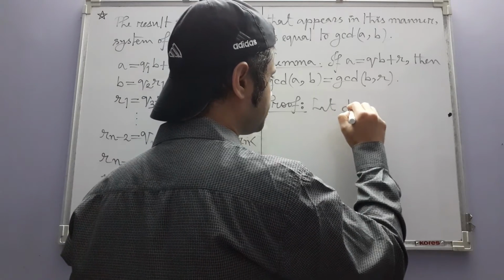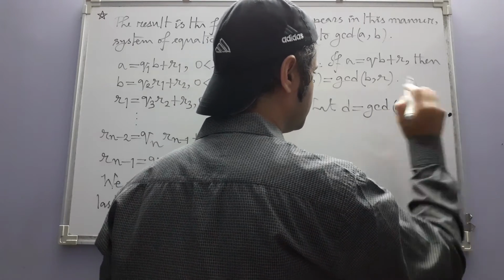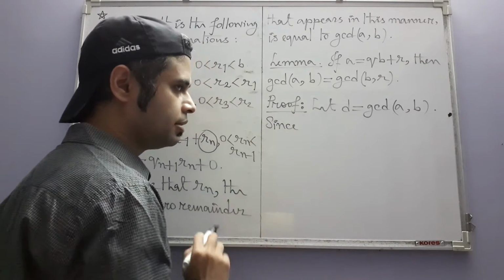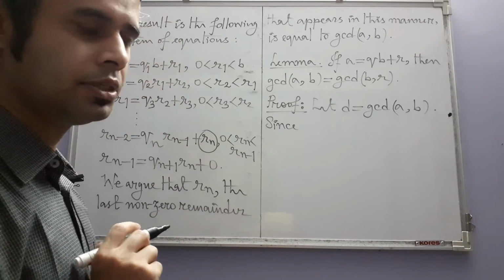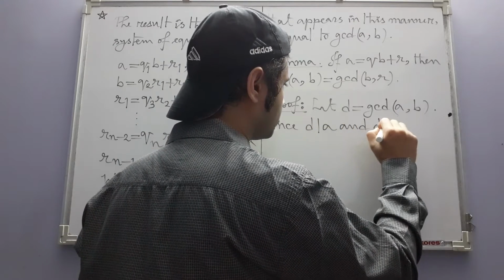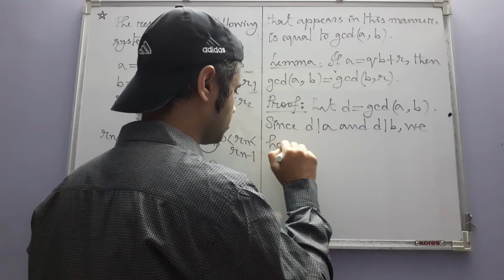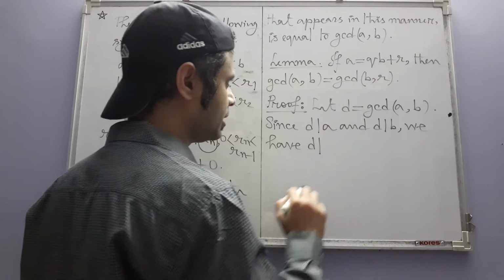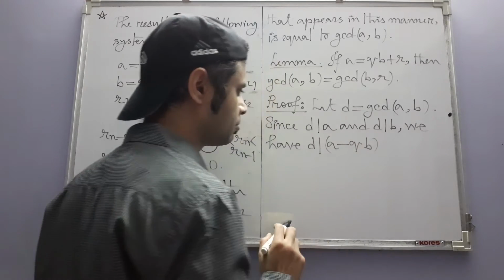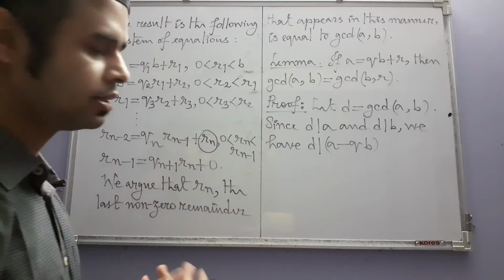Let D be the greatest common divisor of A and B. Now because D is the GCD, by definition D divides both A and B. Since D divides A and D divides B, we have D dividing A minus QB, using the elementary properties of the divisibility relation.